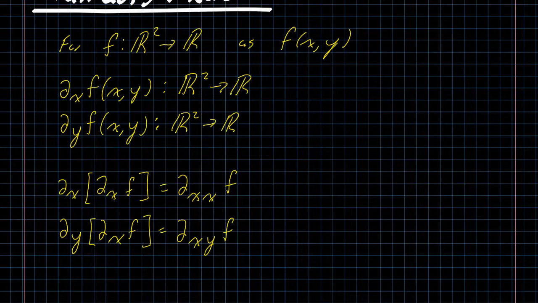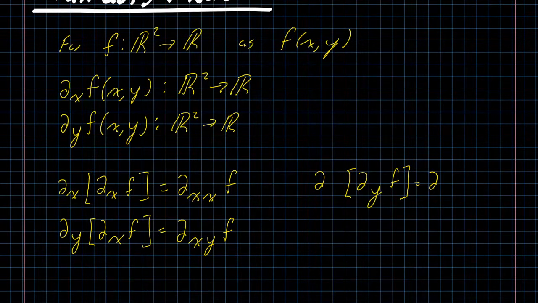And likewise, we should be able to take the partial with respect to y of the partial with respect to x of f. I'm sorry, I'm writing the same thing again. That's silly of me. I've been taking partials of partial with respect to x.